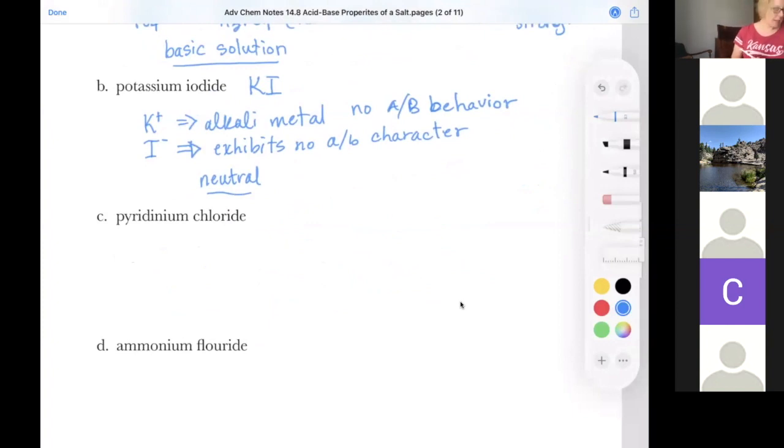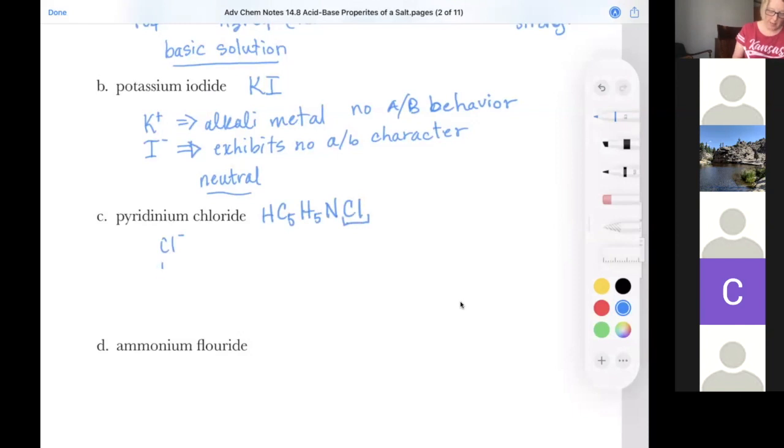All right, let's look at the next one, pyridinium chloride, which has the formula HC5H5NCl. Looking at this, we have the chloride ion.